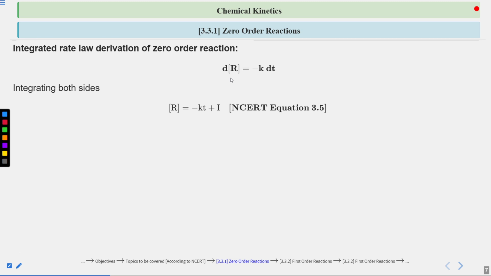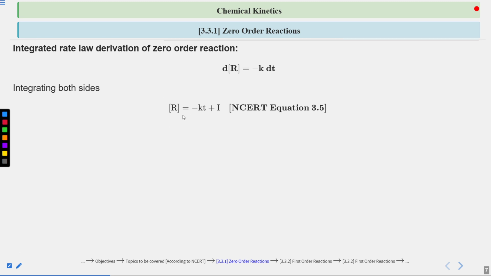When you integrate all those little parts together, they constitute the whole reactant concentration. Integration means addition. You add one small change plus another small change plus another, and when you integrate the whole dR, you get the whole reactant concentration.